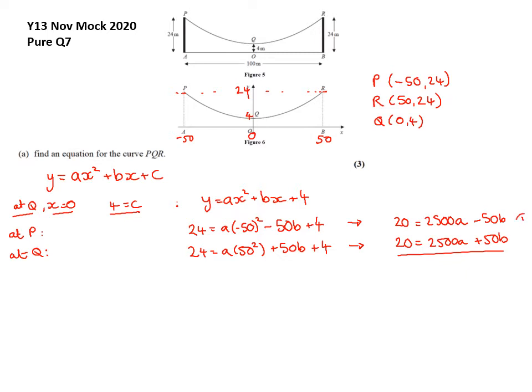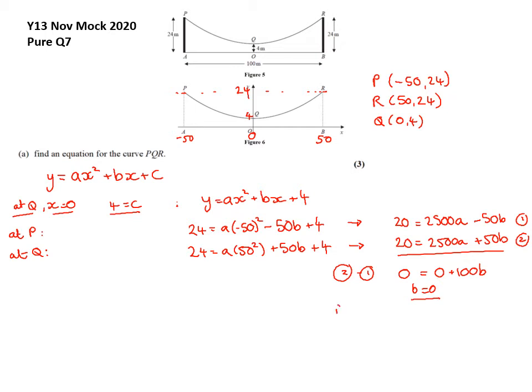So from here I could subtract equation 2, take away equation 1. I would have 20 take away 20 is 0, my a's will disappear, and I would have 50 take away minus 50b, so I would have plus 100b. 100b is 0, so b is 0.